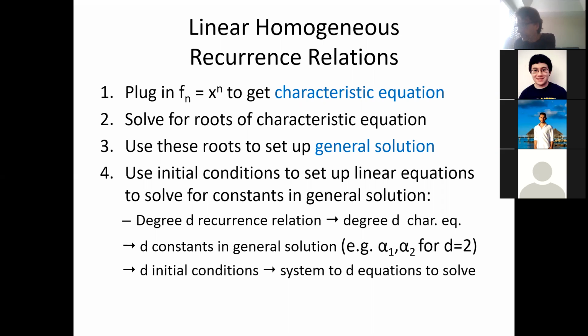equation. Well, we can try to go over an example. Our equation was fn equals 5 fn minus 1 minus 6 fn minus 2, and we knew that fn has to have the general form like this.